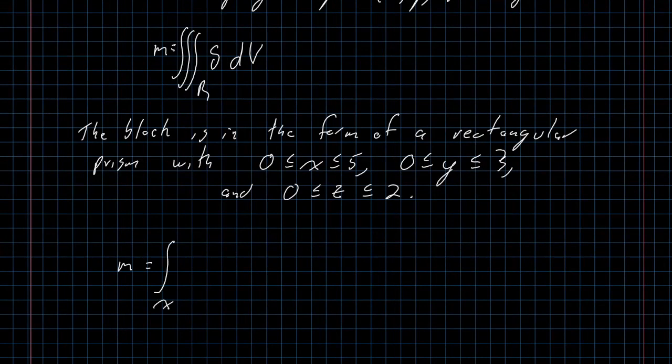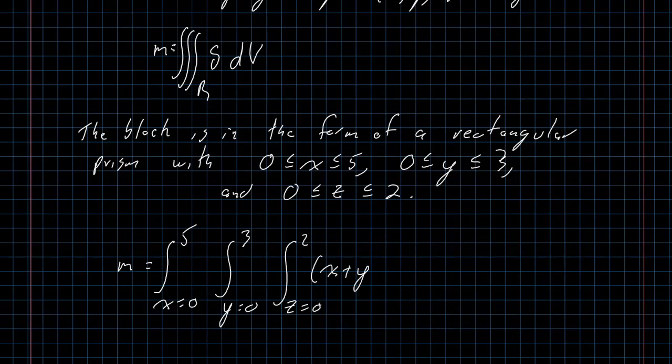We'll have x goes from 0 to 5, y goes from 0 to 3, and z goes from 0 to 2. Our function was x plus y plus z plus 2. And then we set up dz, dy, dx, as we always do.